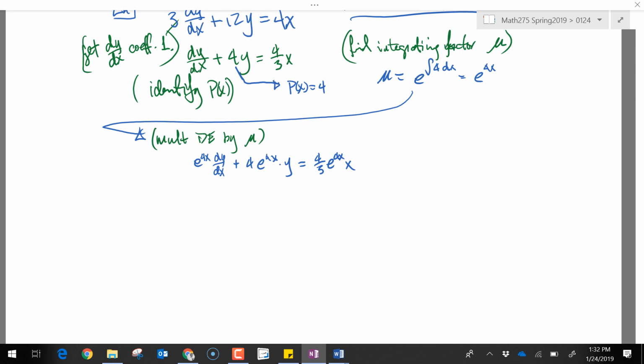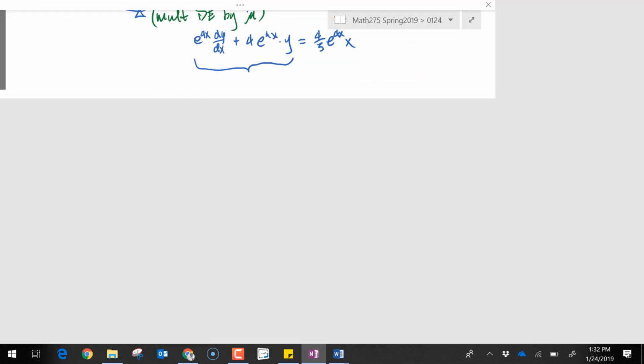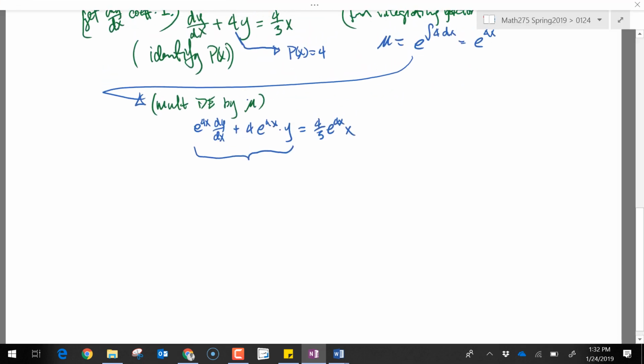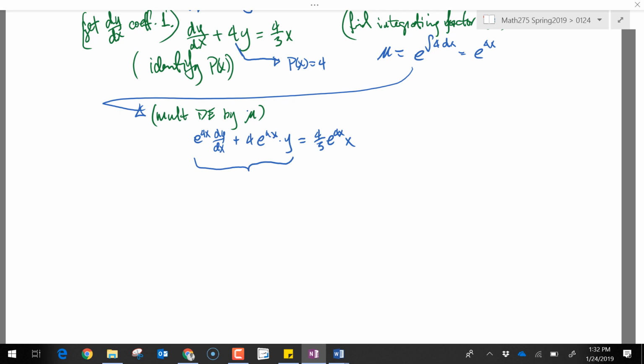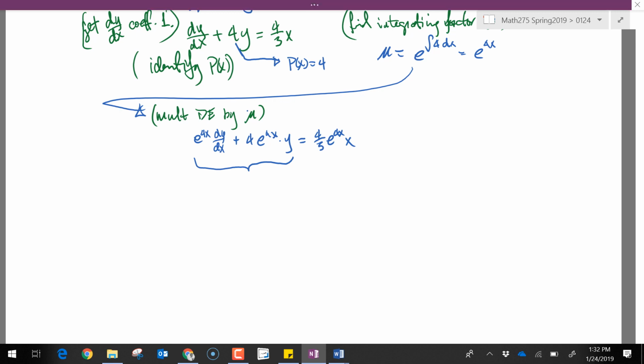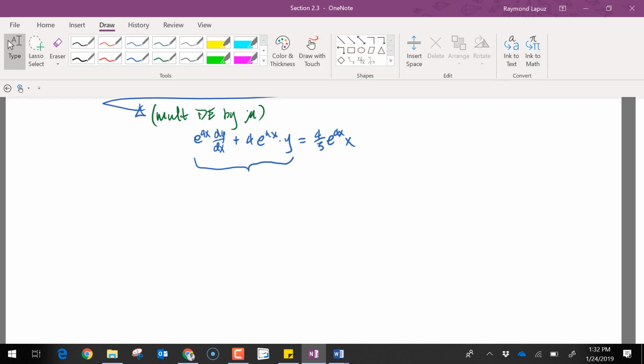Okay, so this part here, it's not a coincidence. The whole reason for doing the integrating factor is to make sure that the left-hand side is written as a product rule.